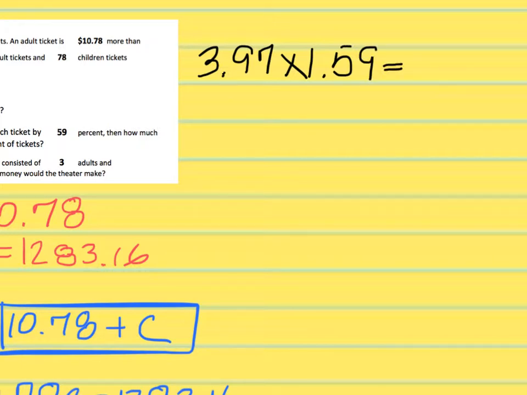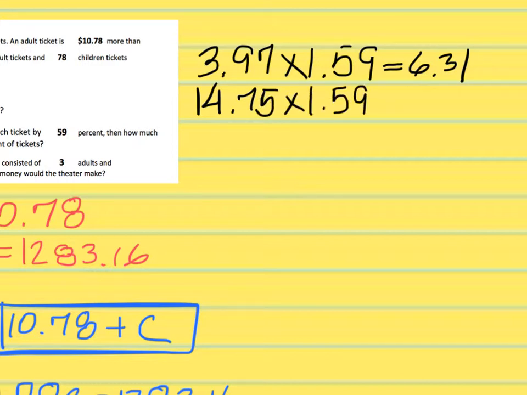So $3.97 times 1.59, and that would be $6.31. And for the other ticket price, it was $14.75. Multiply that by 1.59 and come out to get 23.45.